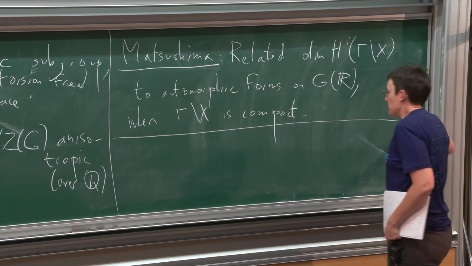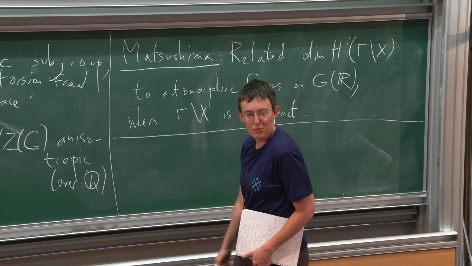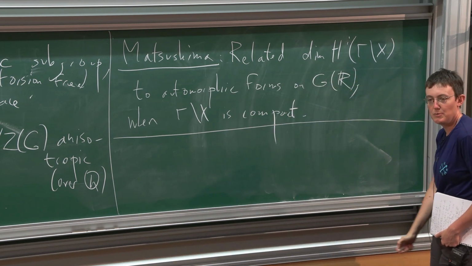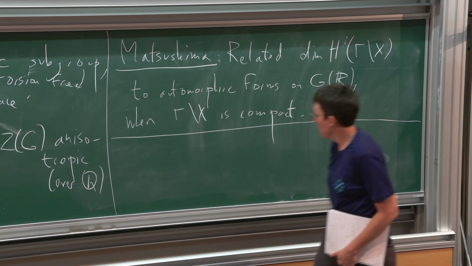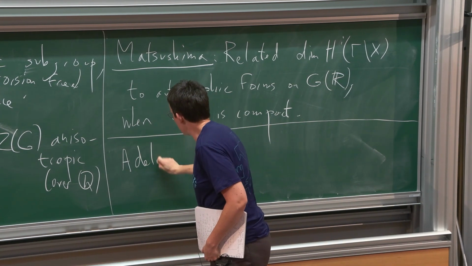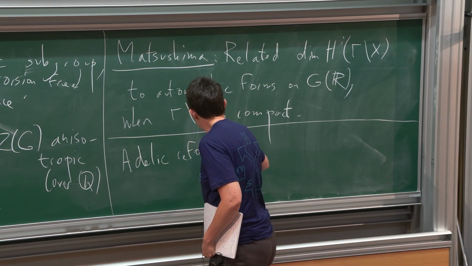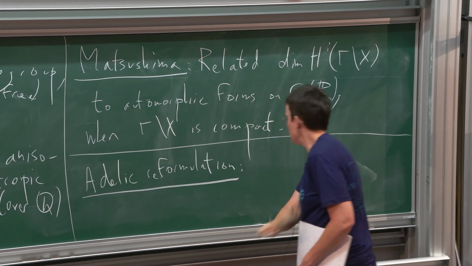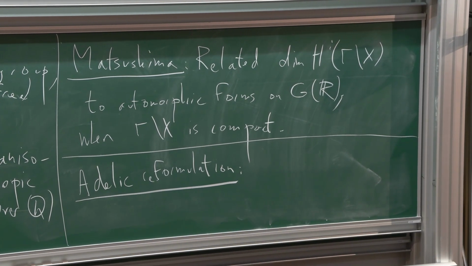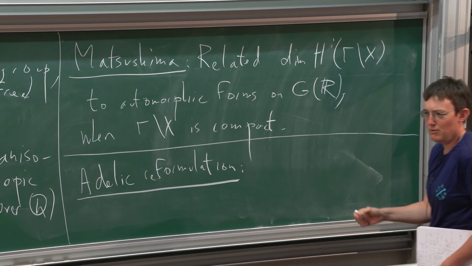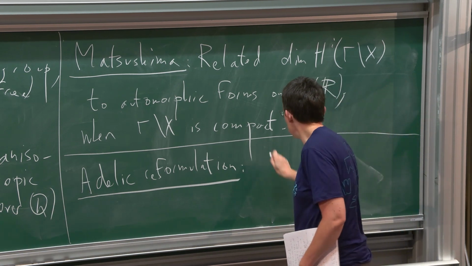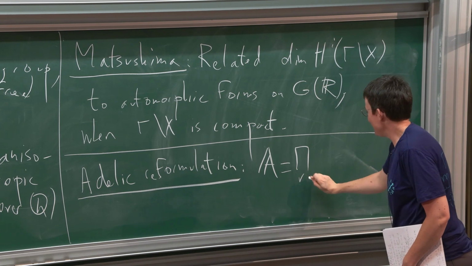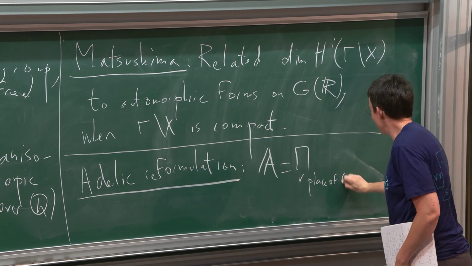But I want to talk about, now we're doing automorphic forms not on G of R, but on G of A. So I want to talk about the Adelic reformulation of this. Okay, and here I feel very silly because I actually came prepared to define the Adeles. Well, what are the Adeles?